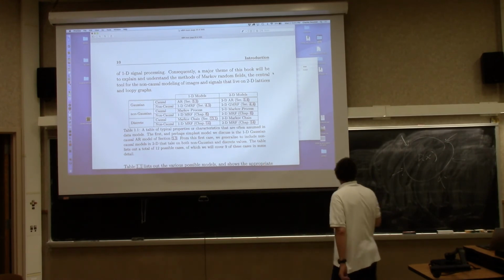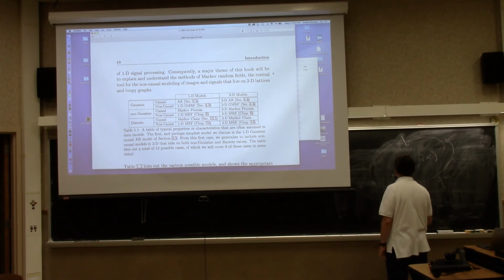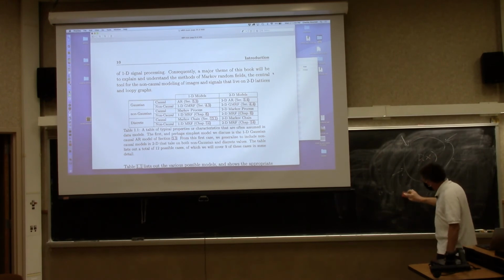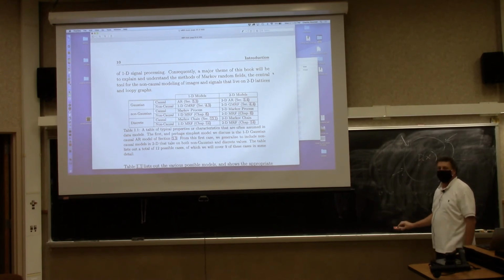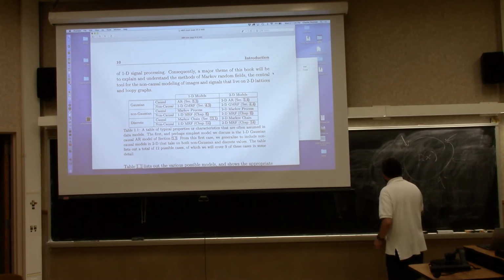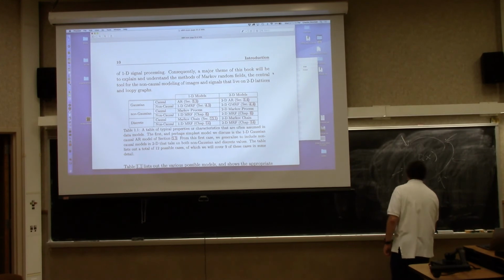And the reason it turns out is that 1D is topologically distinct from higher dimensions, because if you remove a point in 1D, you disconnect the line. If you remove a point in 2D, you don't disconnect the plane. It turns out that's critical because it changes everything, basically.